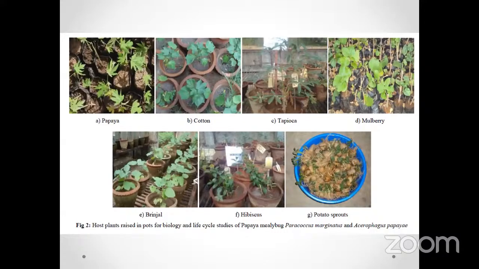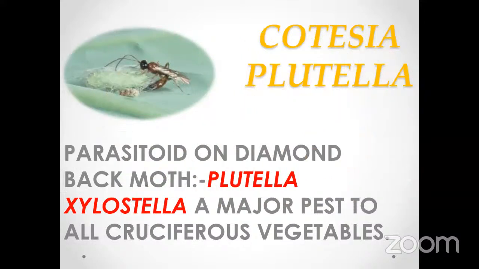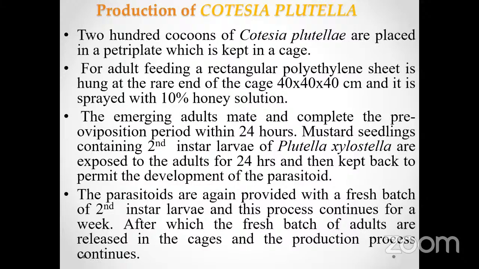Next is a parasitoid of diamondback moth. Cotesia plutellae also prefers the second larval instar of diamondback moth. For maintenance of this culture, we first need a culture of diamondback moth. If we have a culture of diamondback moth from the field, we can collect the larvae, or we can maintain the DBM culture on mustard seedlings.